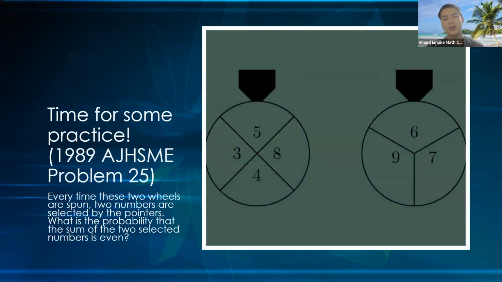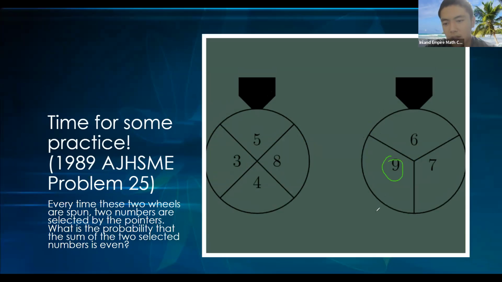That may be a little confusing. So here, let me explain this in a little bit more detail. Let's say that you got a 9, right? So that's an odd number. On the first spinner, you have 2 odd numbers and 2 even numbers, right? 8 and 4, 3 and 5. So when you spin the first spinner, there's always a 1/2 chance that it's going to be odd and have the same parity as 9, right?